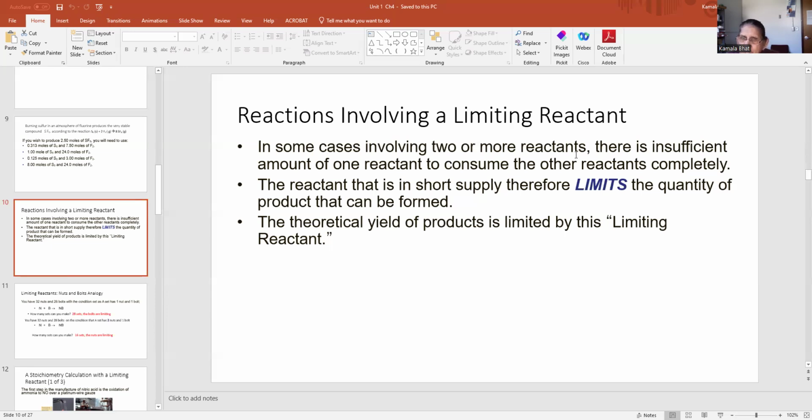If you remember that, then it is very easy to go forward, because the limiting reagent, that reagent which is completely consumed during a chemical reaction, will limit the amount of product that you can get. And therefore, the maximum amount of product that you can obtain from a reaction is determined by the moles of the limiting reactant.